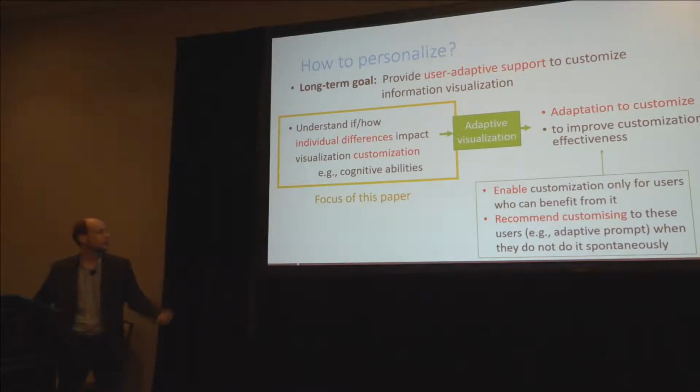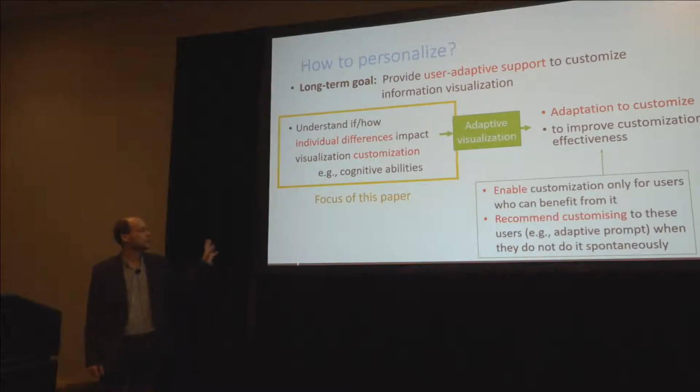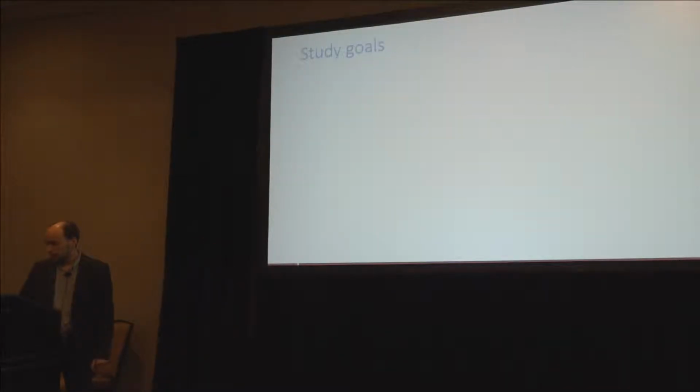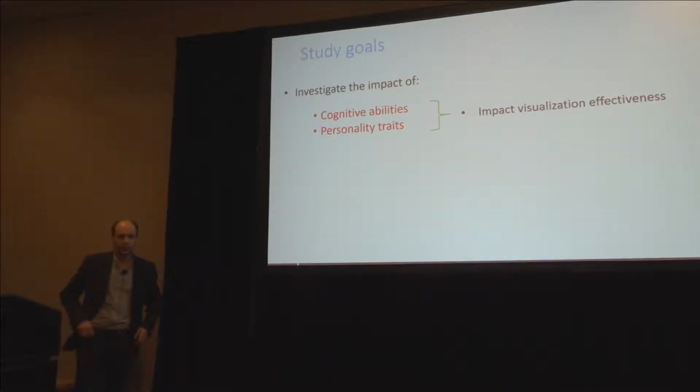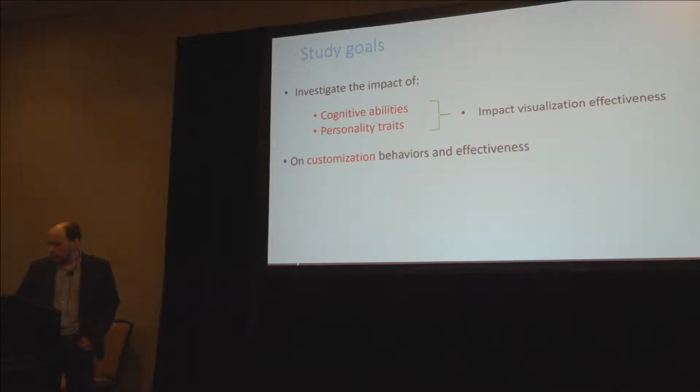So in this paper, we focus on the left part of this framework, trying to understand if and how individual differences impact customization in visualization. Specifically, we investigate the impact of two types of individual differences, cognitive abilities and personality traits, because there's already evidence that they both matter in visualization, and they may impact how people benefit from customization, on behavior and effectiveness.